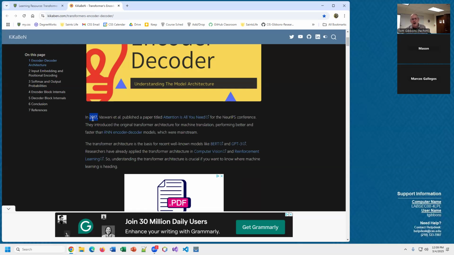Need." And again, we had these recurrent neural network encoder-decoder models. They were mainstream back in 2017, and they were recurrent, and they had attention modules put in them. And Google said, you know what? You don't need the recurrence.